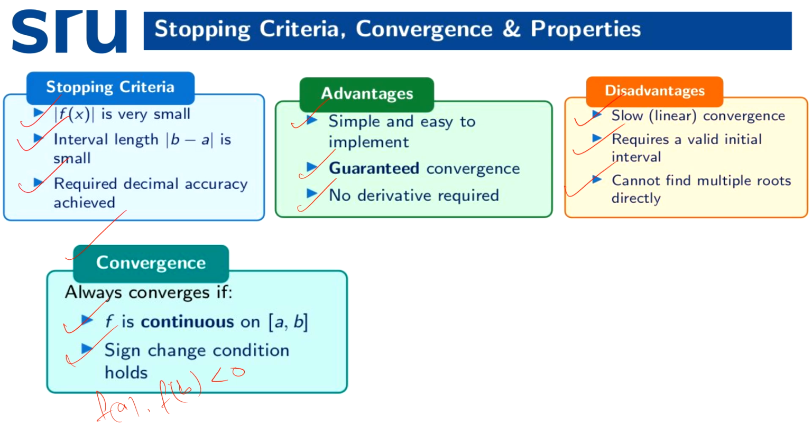So overall, this method is very reliable, very simple, but comparatively slow. To summarize, the bisection method is a guaranteed but slow converging method with clear stopping rules. So with this, let us continue to the next slide.